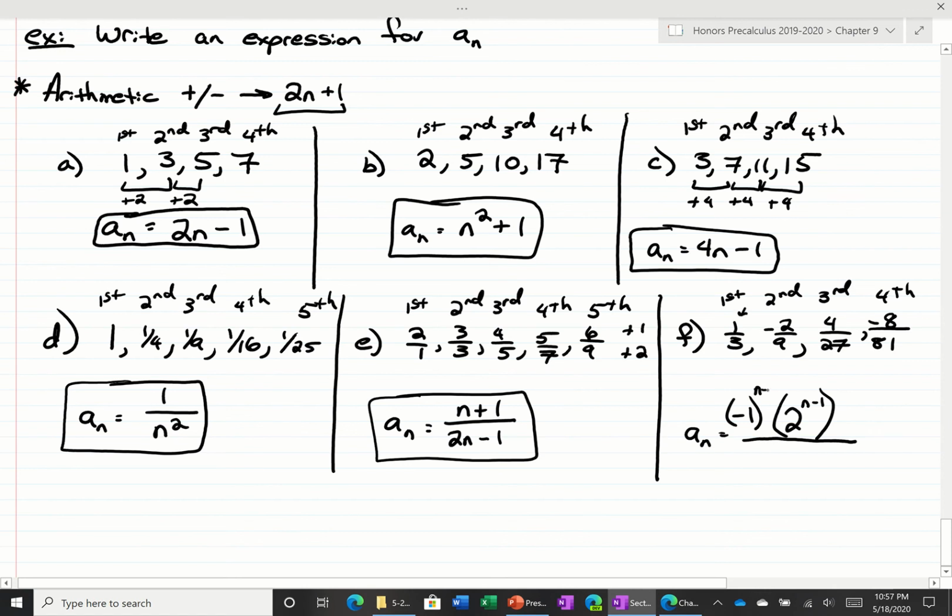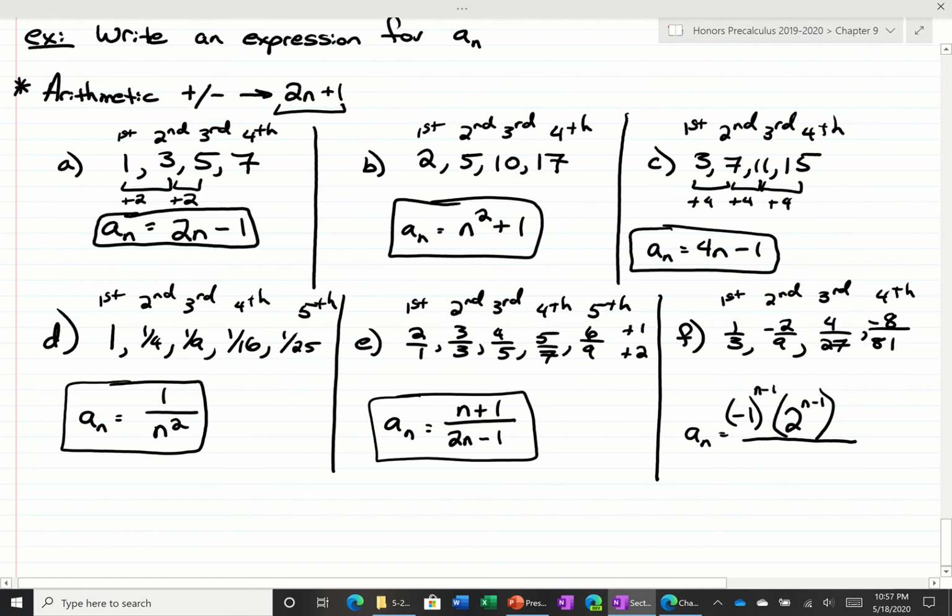So we can make it n minus 1 or n plus 1, because negative 1 to the 1 minus 1 is 0. That's positive. For the second one, negative 1 to the 2 minus 1 is negative. So it looks like that takes care of the top. It's 2 components, the negative and the 2.